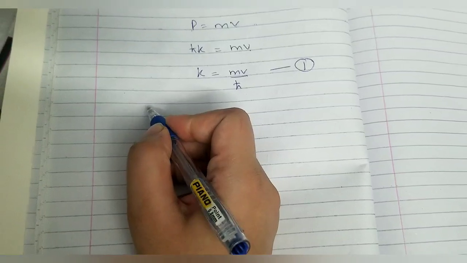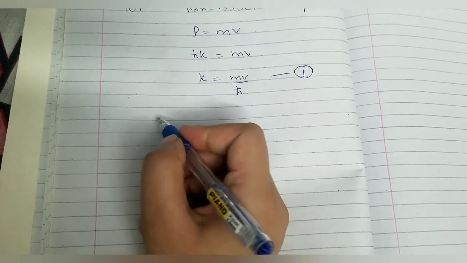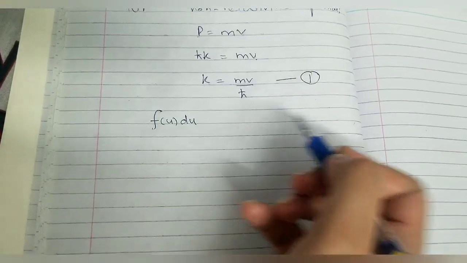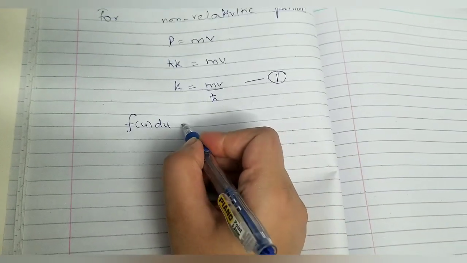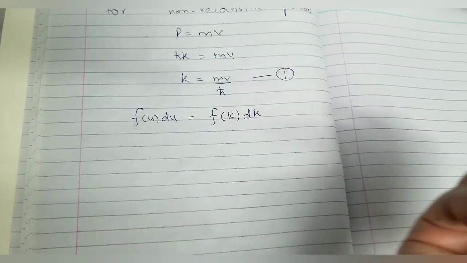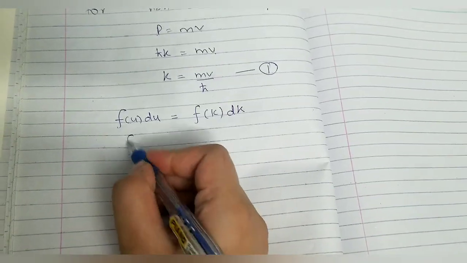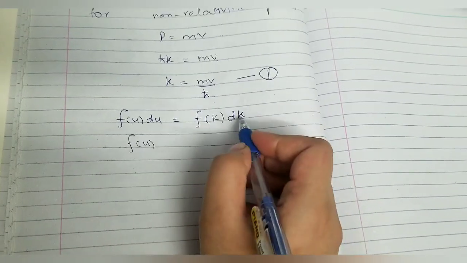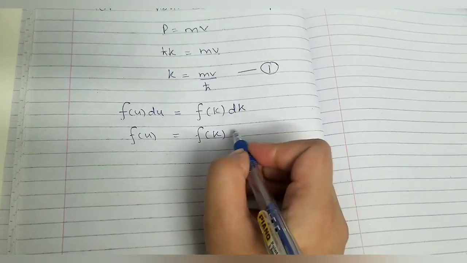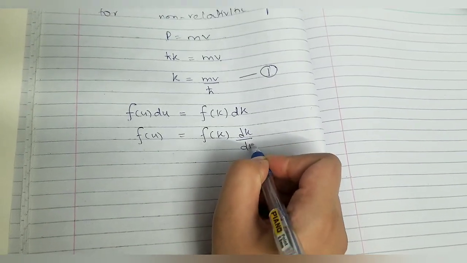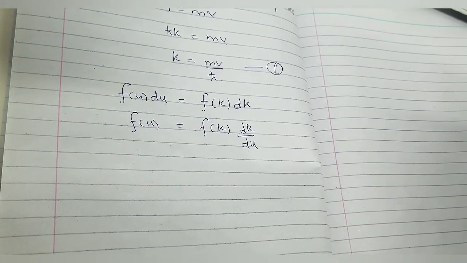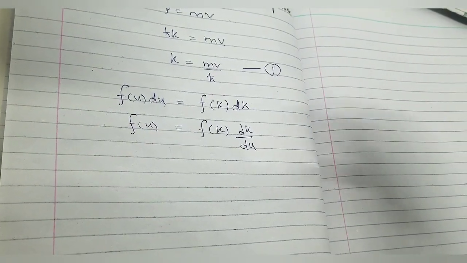Now, if you want f of u du, that should be equal to f of k dk, but you want f of u first. For that purpose, I'll take du to this side of the equation. I'm giving you a method to write these things in differential forms.